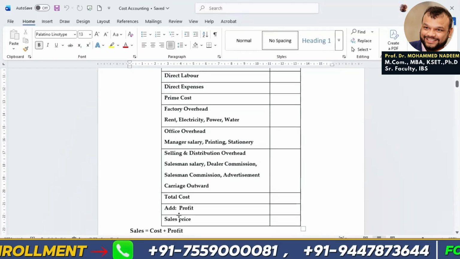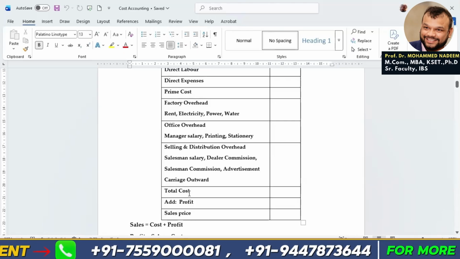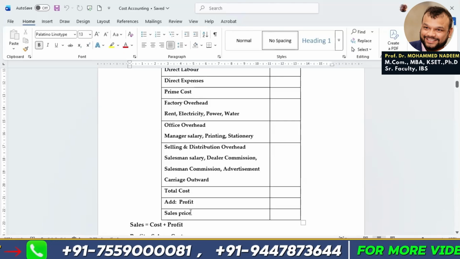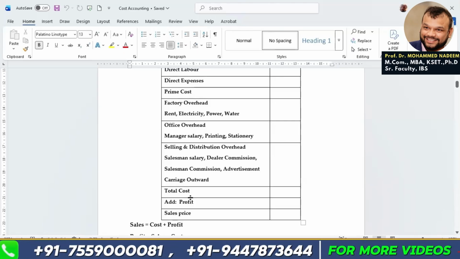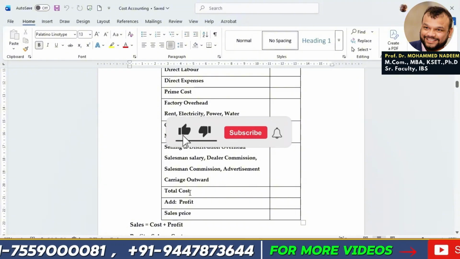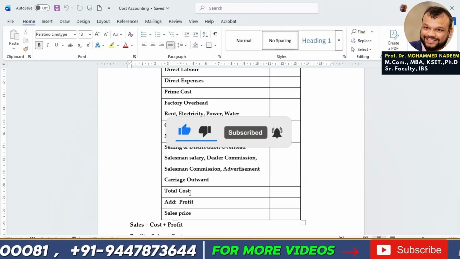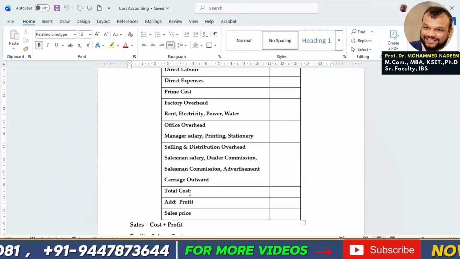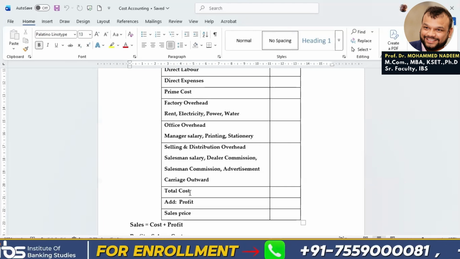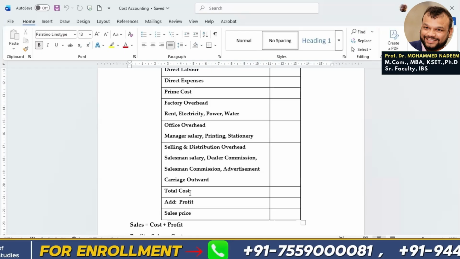No. So this is how the cost sheet is prepared to fix a selling price and to know the cost also, because sometimes the cost will be more and you'll add your profit margin, the selling price will go up, and when you go to the market for selling it, the price of the same commodity is less in the market.